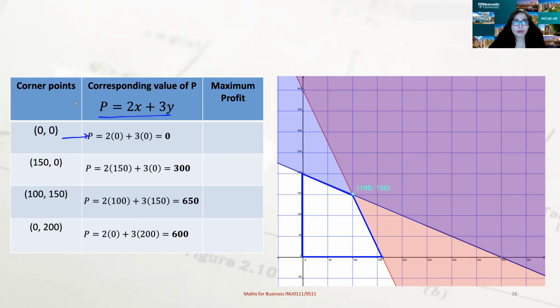And now, once you've calculated the corresponding values for the profit for each corner point, compare them and see which corner point will give you the maximum profit. And that's 650, isn't it? So that means this is your optimal solution for this given problem. And that is how you find the optimal solution.